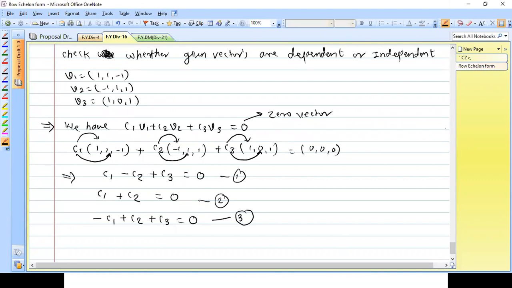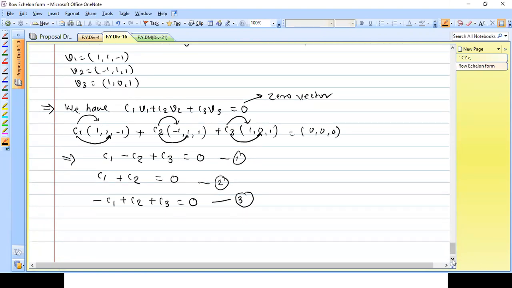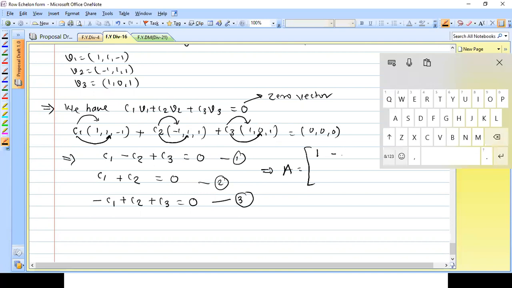Here we have three equations and 3 variables. That is nothing but my matrix is 3 by 3. So I can write down my matrix here. Tell me my matrix A, what it is? 1, -1, 1. Next is -1, 1, 1.